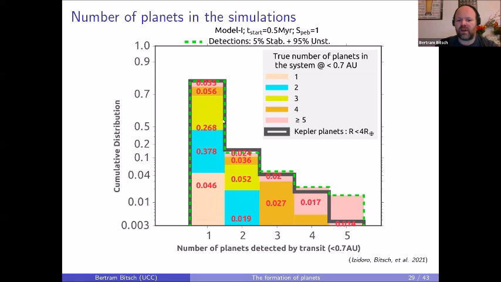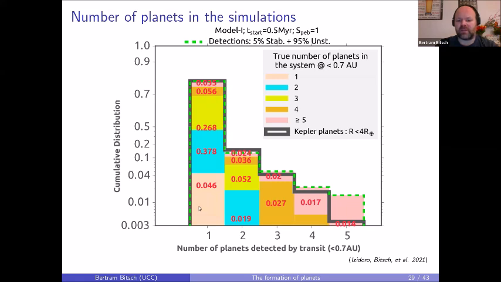The gray line here corresponds to the observations of exoplanets via the transit method. The green line corresponds to the best fit of our simulations. So we actually do quite well at reproducing the observations.